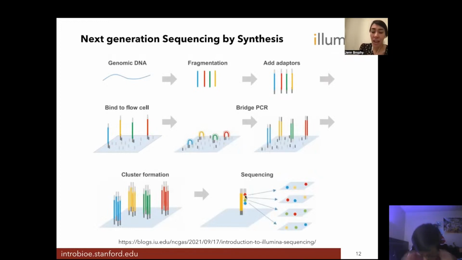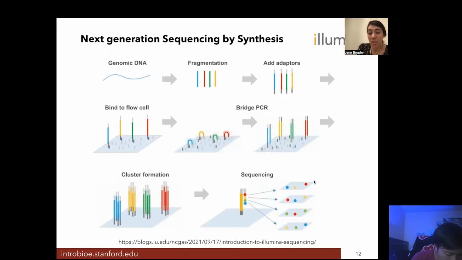So you might have an A be red, a T be yellow, a C be green, and a G be blue. And as you synthesize the strand of DNA, you can take a picture of the chip and see what color occurred at the location of each of your pieces of DNA.